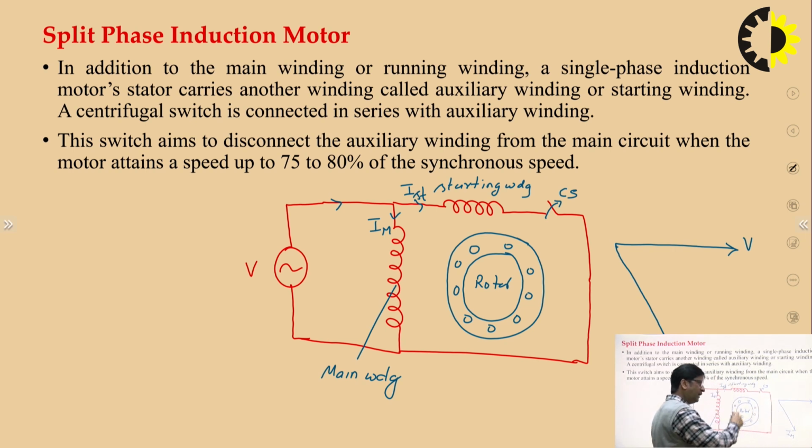So current will lag the voltage by an angle of approximately 75 to 80 degrees. Now another current is flowing in the starting winding.